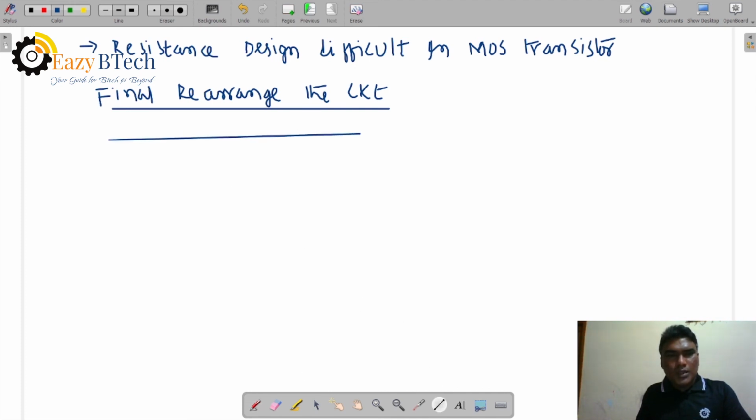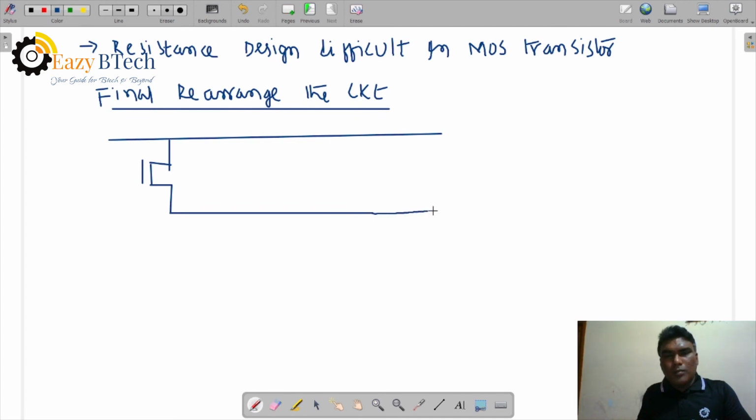Let us see the BiCMOS circuit having a PMOS transistor and bipolar transistors here. You can say this is a bipolar transistor.